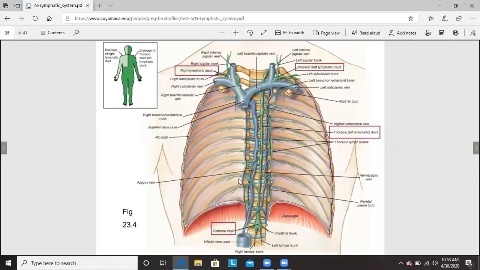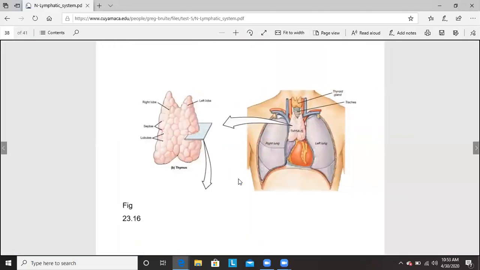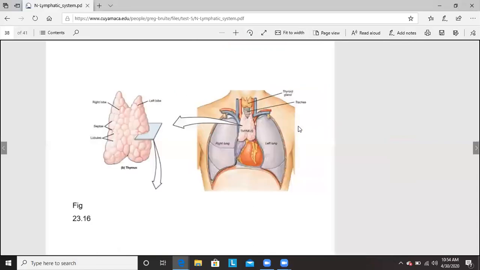Okay, don't forget your parts. Don't forget your tonsils. Don't forget your thymus. That's a humongous thymus in an adult, by the way. They're normally not that big; when you're little, preteen, your thymus is pretty big, but it atrophies as you get older and older. Don't confuse it with the thyroid, right? So that's the thymus.